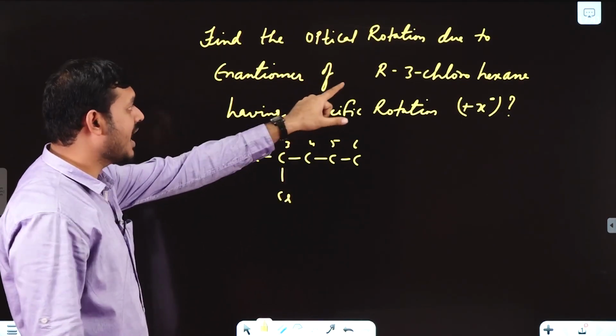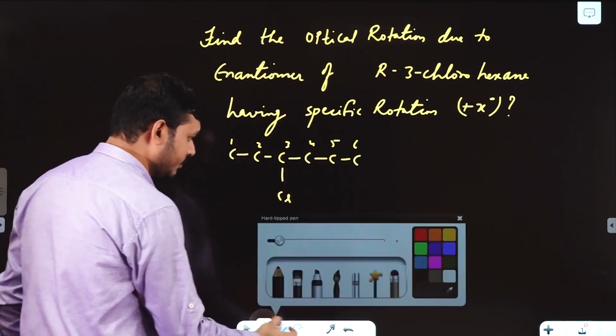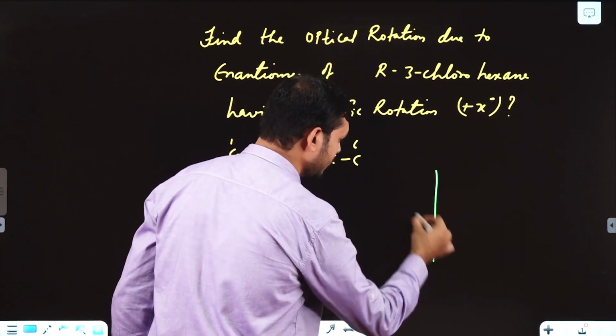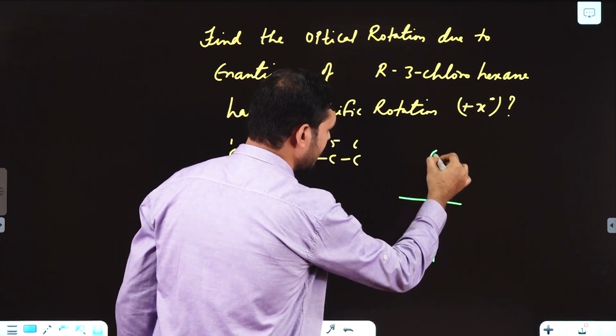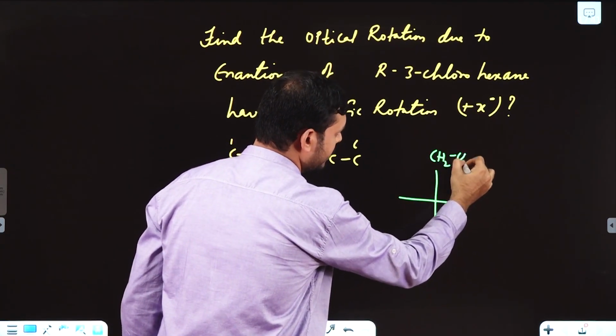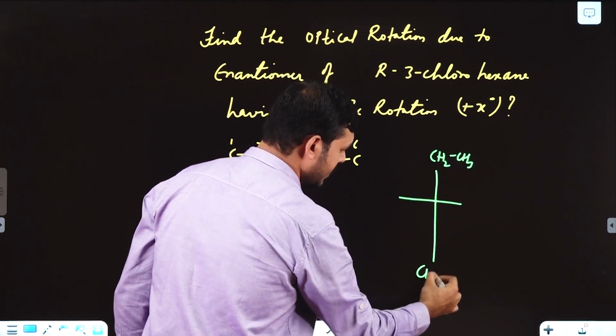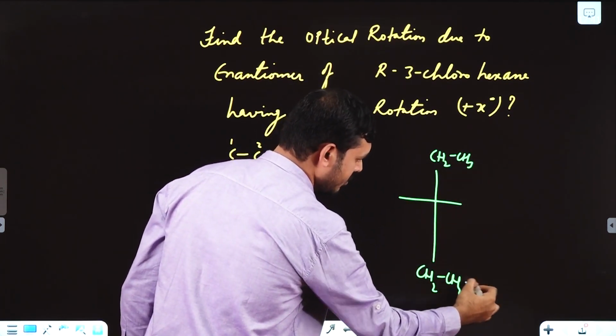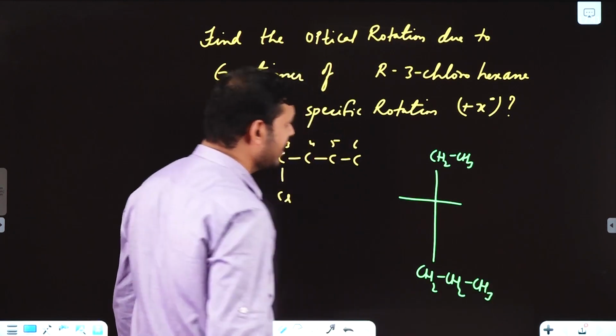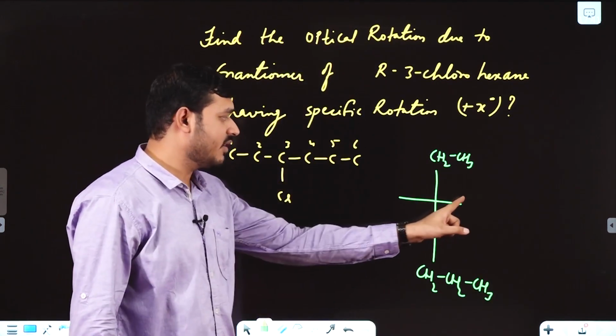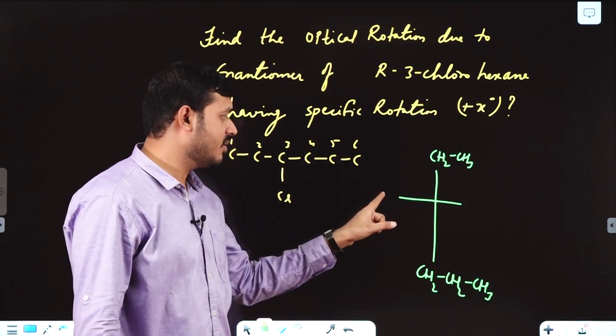Now I have to draw the R configuration first of all. It is CH2, CH3. It is CH2, CH2, CH3. Now let's understand, one side will be having hydrogen, other side will be having chlorine.